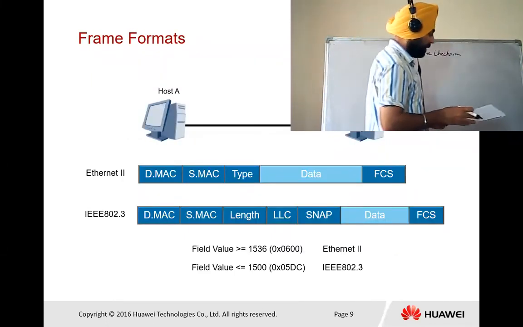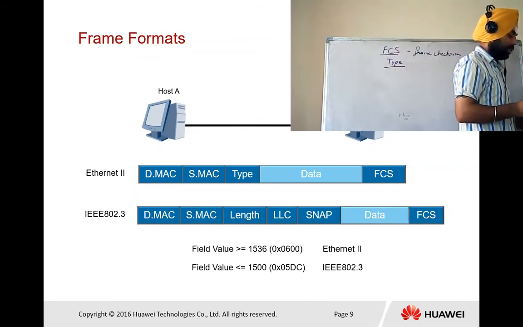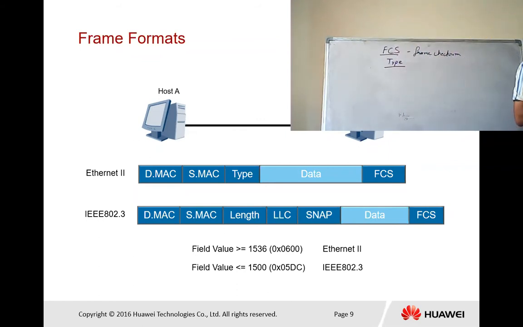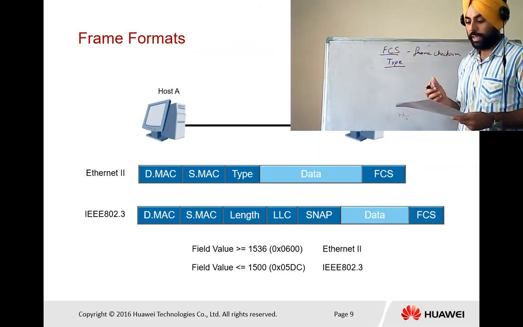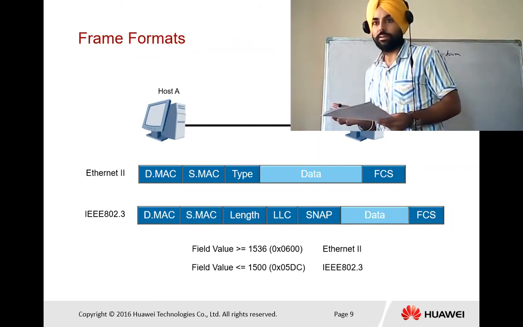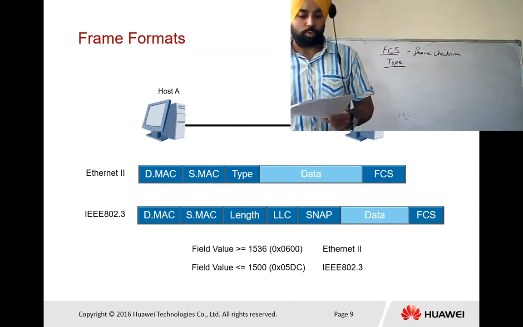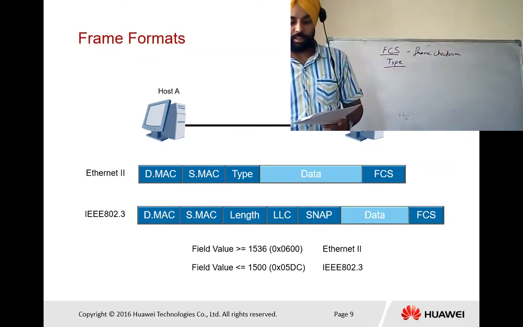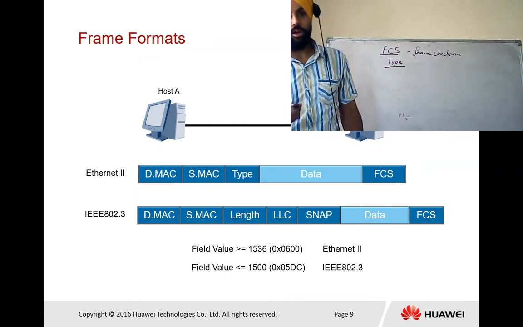This type field is used when you de-encapsulate on the other end, reading the headers one by one. The type field indicates what the next header layer or the next protocol would be.